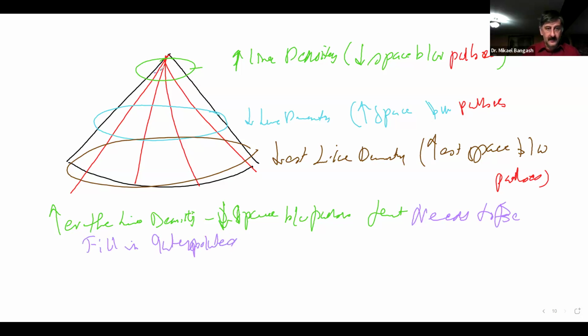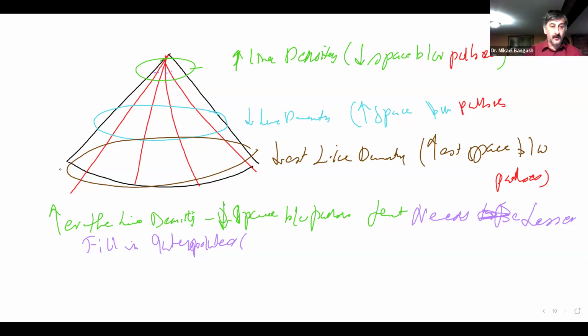Since there's lesser space between our pulses, due to the greater line density, the system needs lesser fill-in interpolation.